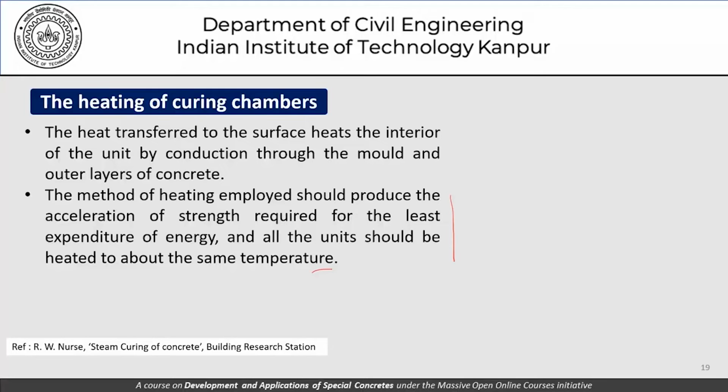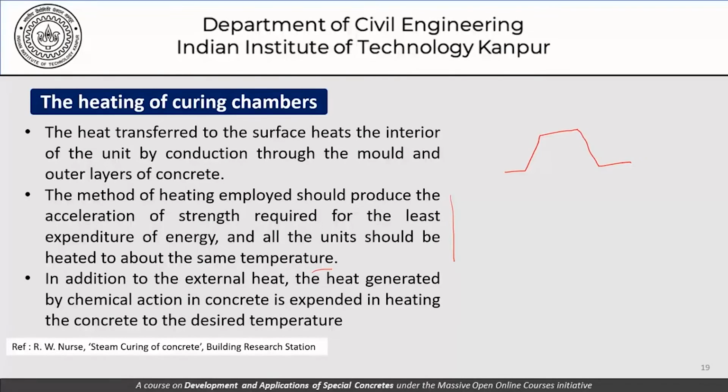So the cycle that we talked about, that should be appropriately maintained and monitored, and the records kept appropriately, that for each cycle what was the kind of heating rates or cooling rates or the durations, the temperatures at which the members were cured, so that there is minimum variation of quality of members produced in one batch to another batch and so on. In addition to external heat, the heat generated by the chemical reaction in concrete is expended in heating the concrete to the desired temperature.